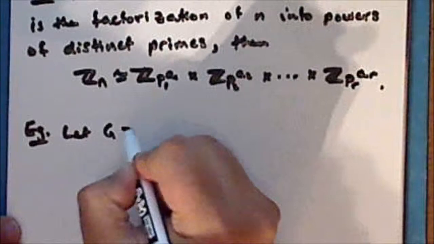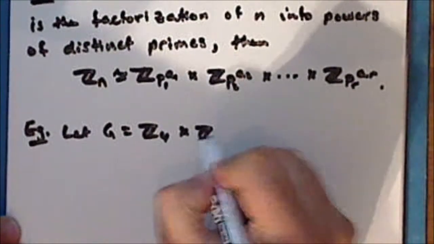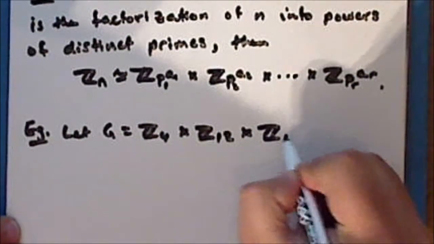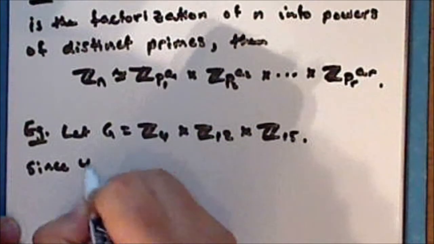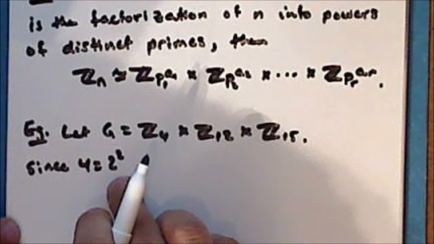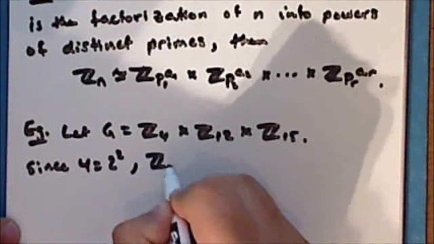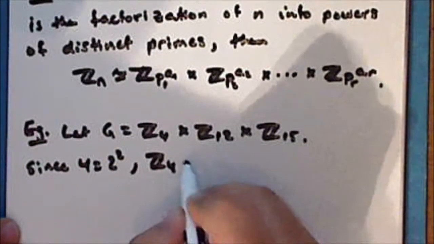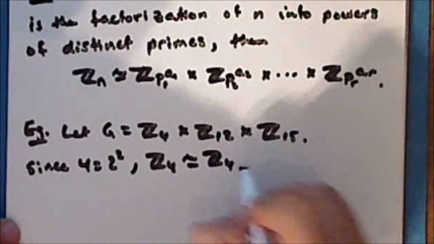Again, let the group G be the direct product of the integers modulo 4 with the integers modulo 12 times the integers modulo 15. Since 4 is 2 squared, the power of one distinct prime, we cannot factor the group of integers modulo 4 any further in terms of powers of distinct primes.